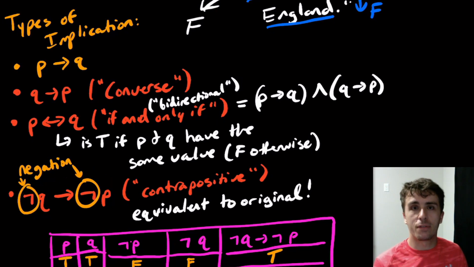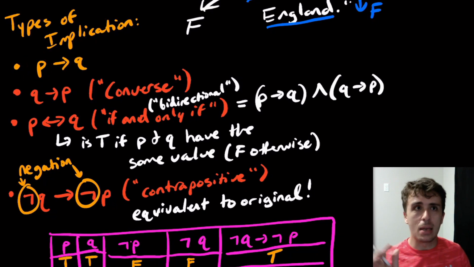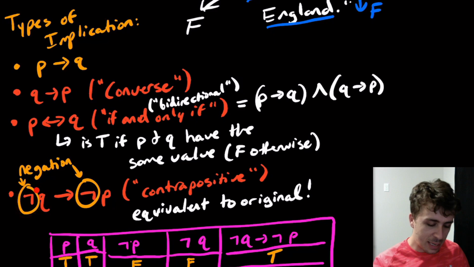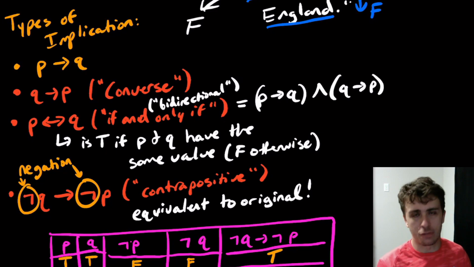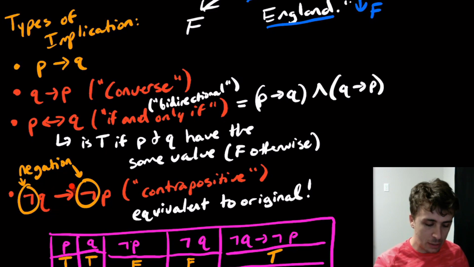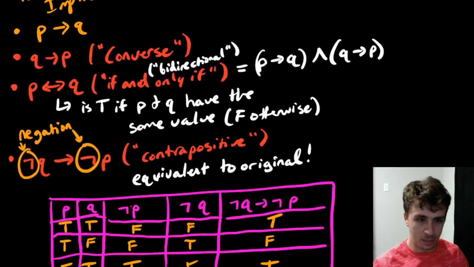Quite an awful lot of the time, this is a lot easier to work with because the P statement is often really hard to assume or find examples of. But finding a counterexample to Q being true is sometimes a lot easier, and then implying that P is false is easier. So that's just something to keep in mind.